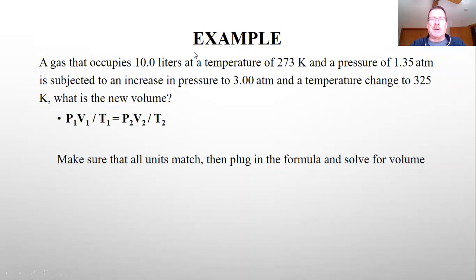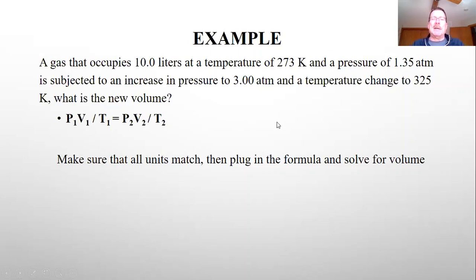That could be another error. So your V1 is 10. Your P1 is 1.35 atmospheres. Your T1 is 273 Kelvin. That should all be on one side. Reading sometimes needs to be very careful. Your P2 is 3. Your T2 is 325. And you're going to find the volume.